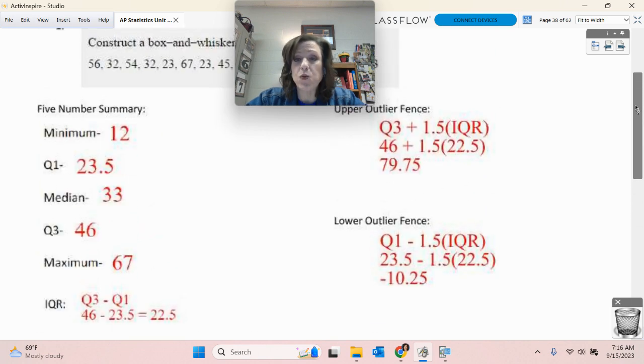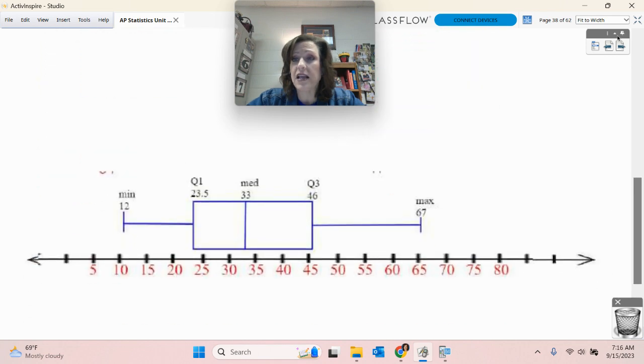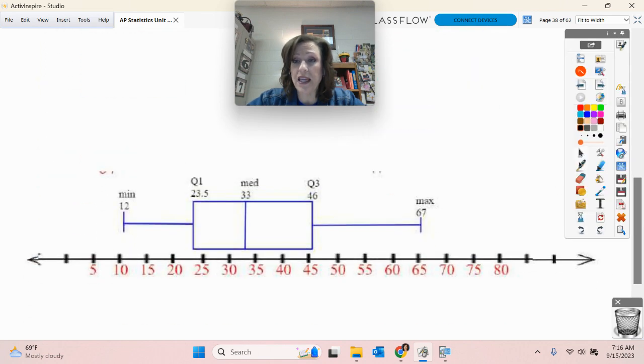Scale, box, fences, whiskers. So fences, so 79.75, that is a fence that's up here. And what ends up happening is we do not have any data that is above this upper fence. If you had data above the upper fence, then you would have an outlier, but we do not.